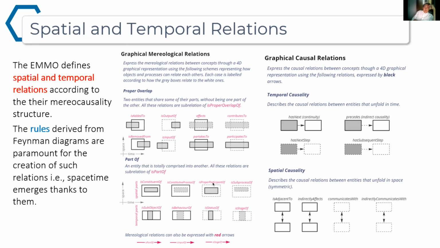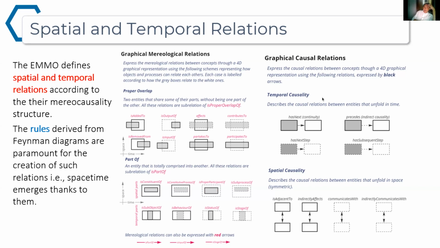But as I told you, we don't want you to go to the fundamental level, and what we did was to create relations that bring the causality and the mereology up to a macroscopic level, and then these relations take the label of more friendly labels, like for example, is output of, is input of, affects, contributes, participates, or for example, is a status, is a behavior, is a subobject, constituent, is a stage of, and so on.